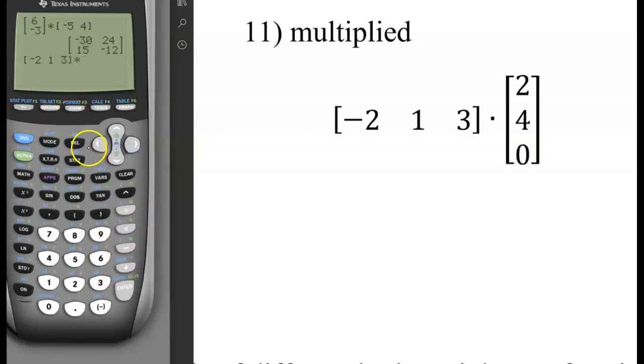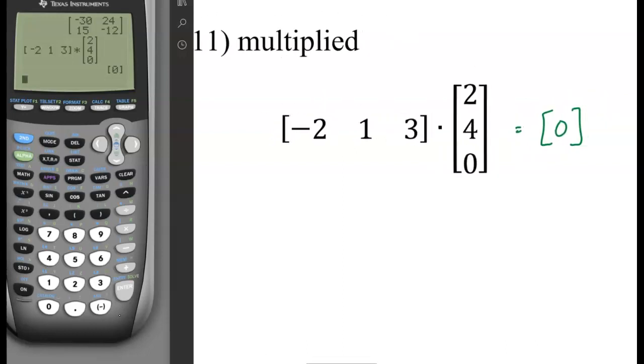This is a 3 by, what happened? Zoom, there we go. This is a 3x1 now. Two, 4, 0. And our resulting matrix is a 1x1, 0. That's it, we're done.